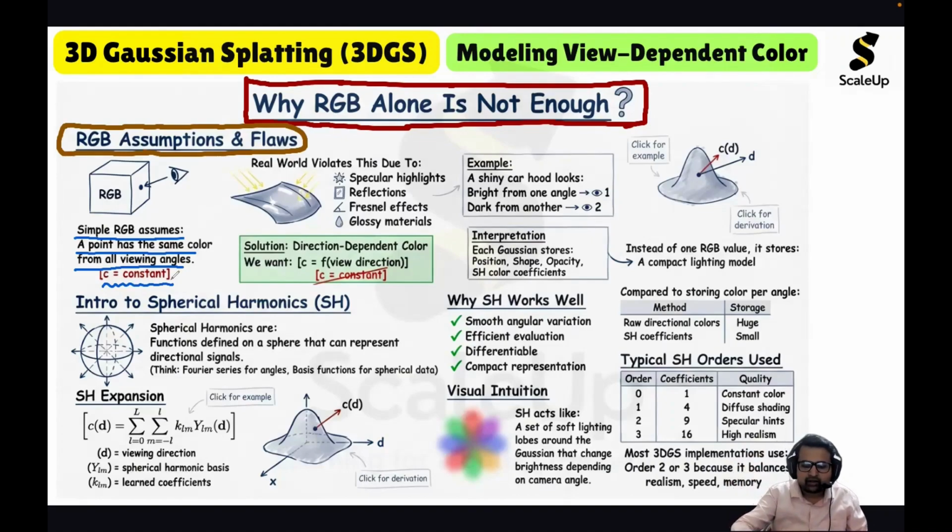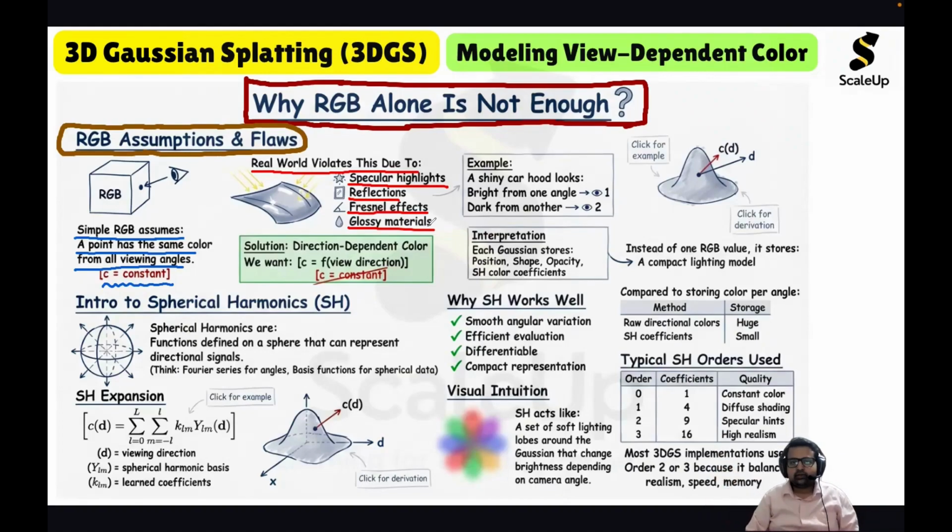But we know that in the real world, it is not like that, because we have glossy surfaces like specular highlights, reflections, Fresnel effects, and glossy materials. And in the real world, for the same point, if we look at it from different angles, the color changes.